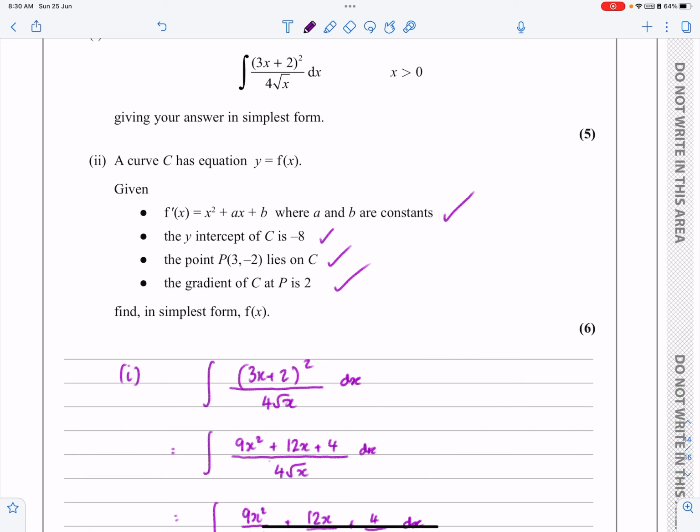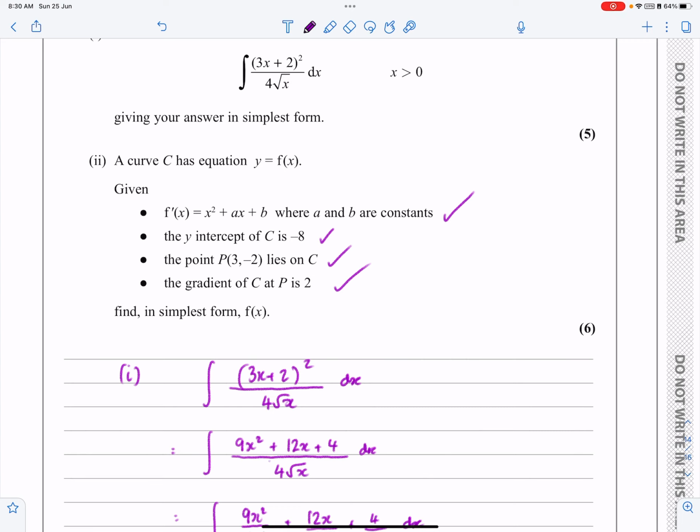So 3 squared plus a times 3, so 3a, plus b is equal to 2. So that's going to give me 3a plus b is equal to -7 here. 2 take away 9 gives me -7.